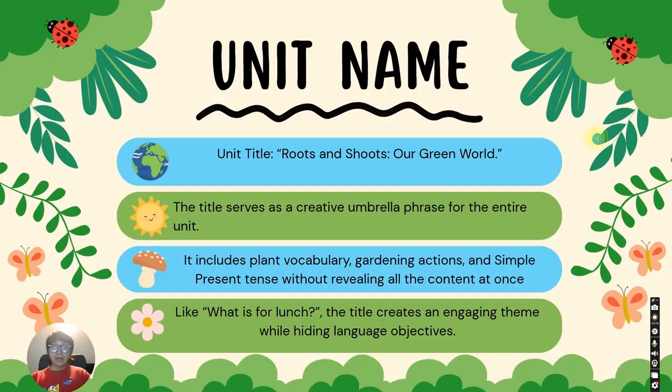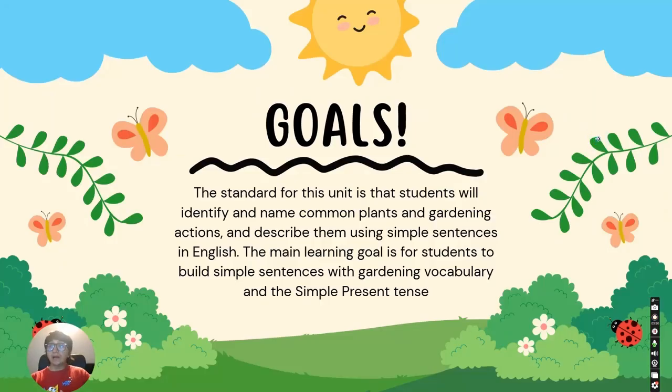Now, let's take a look at the learning goals that we have. This unit states that students will be able to identify and name common plants and gardening actions and describe them using simple sentences in English.